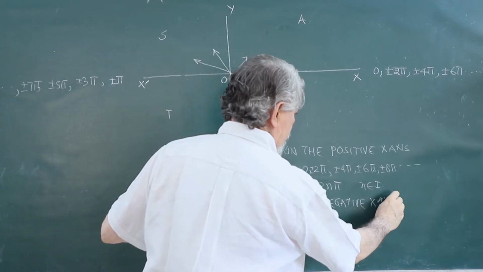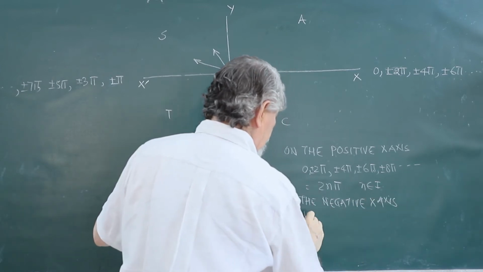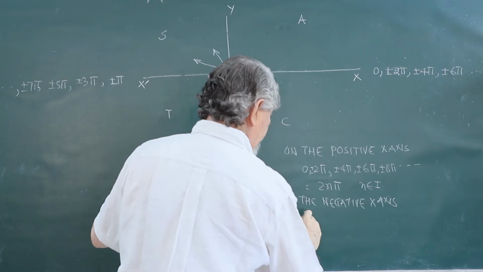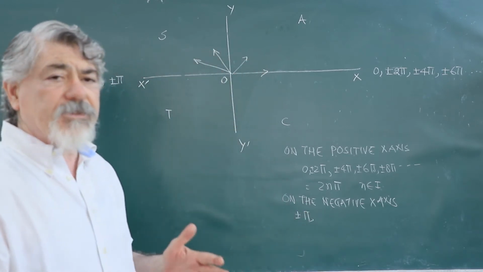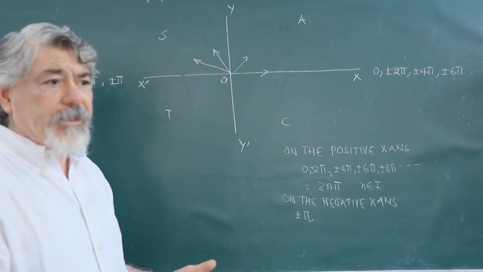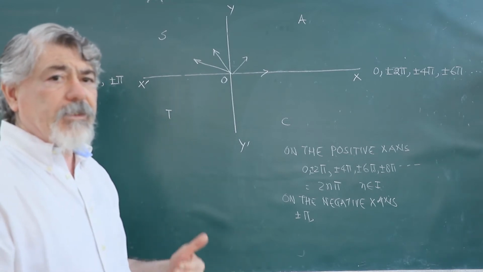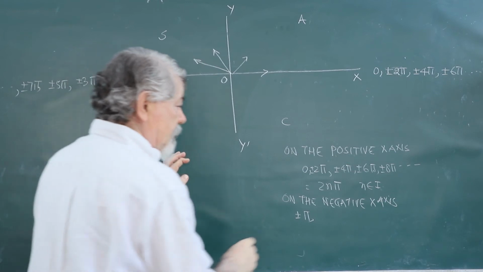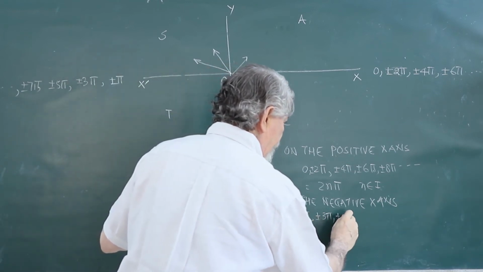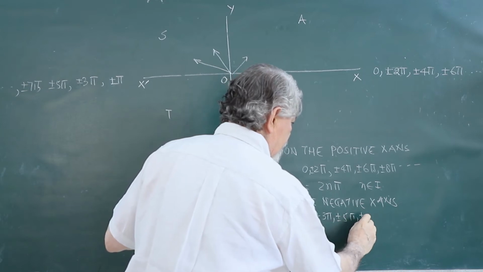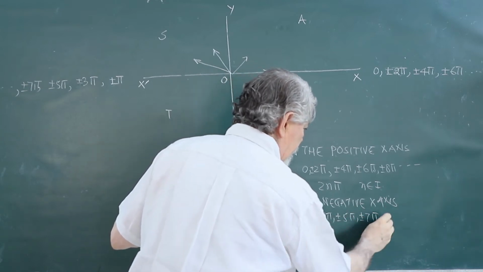On the negative x-axis, what do I get? I get the value plus minus pi, depending upon whether the rotation is taken clockwise or anti-clockwise, plus minus 3 pi, plus minus 5 pi, plus minus 7 pi, and so on.